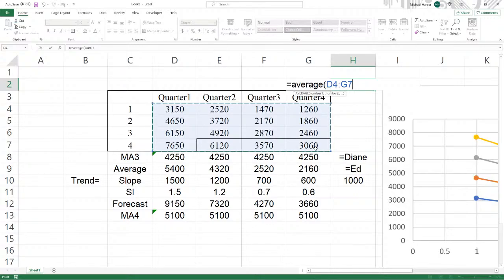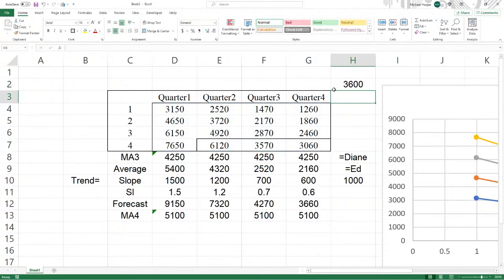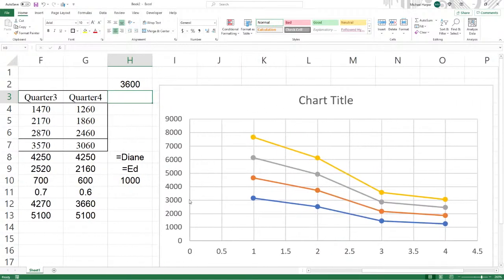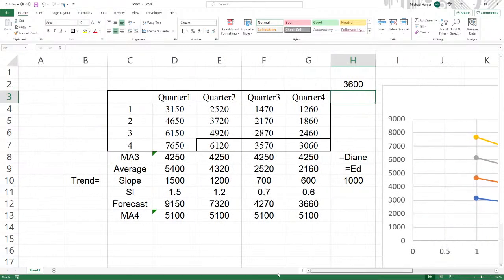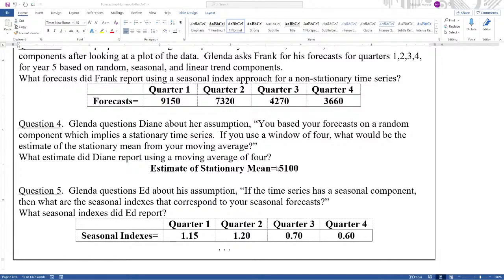All 4 years of the data is 3,600. Interesting. So it's in here somewhere, right in the middle of this. So 5,100 is what Diane would report.